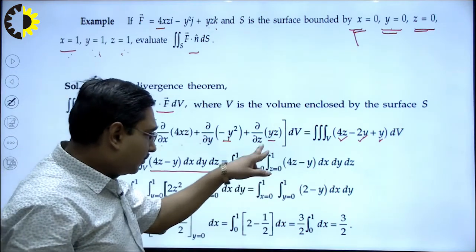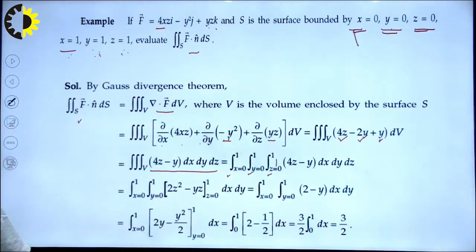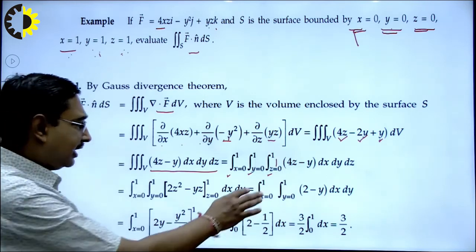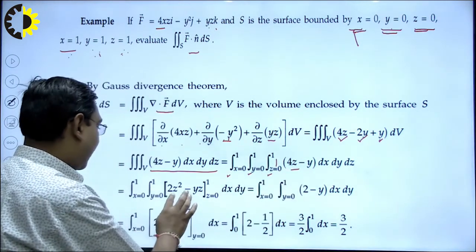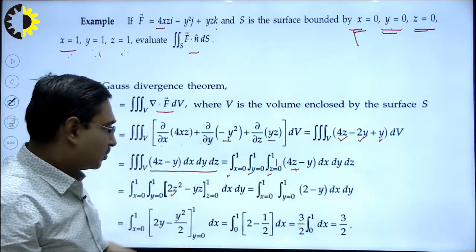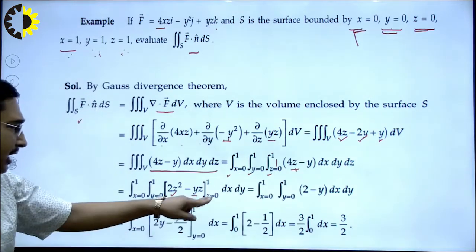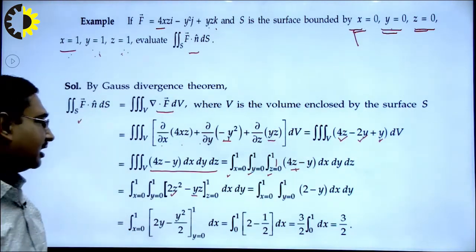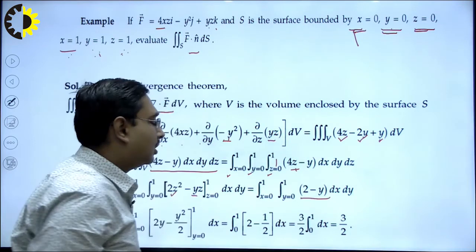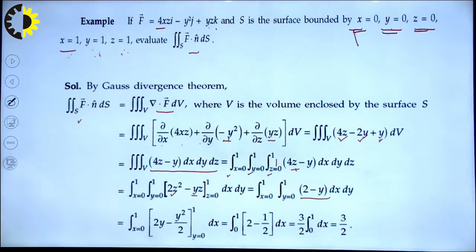Now integration will be performed with respect to z. Integrating with respect to z, I obtain 2z square minus yz. Applying limits of z, I get this expression, 2 minus y dx dy.